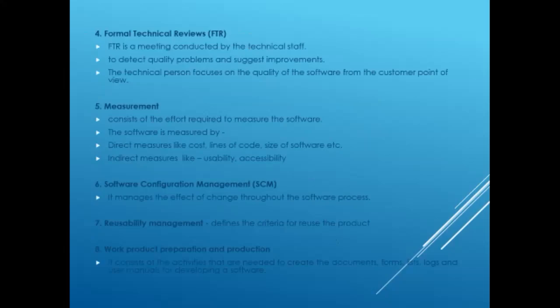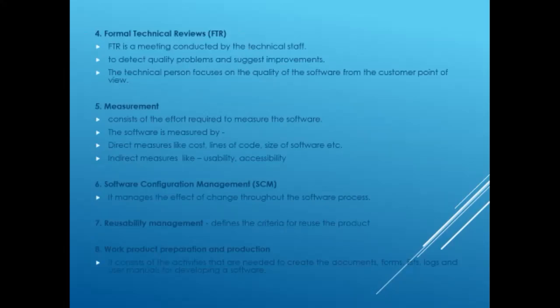FTR is a meeting conducted by the technical staff to detect quality problems and suggest improvements. The technical person focuses on the quality of software from the customer's point of view. This is nothing but FTR.